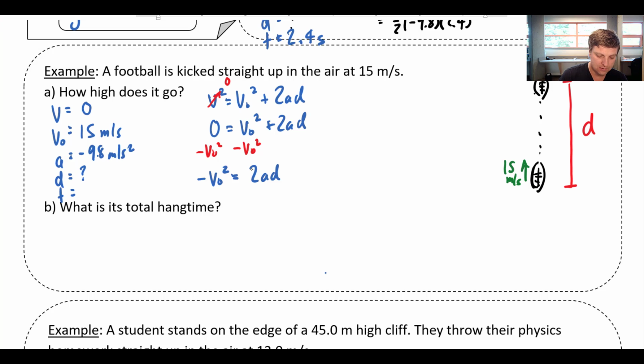Then I'm going to divide both sides by 2 and by A, and so I get this equation here: D is equal to negative V naught squared over 2 times A.